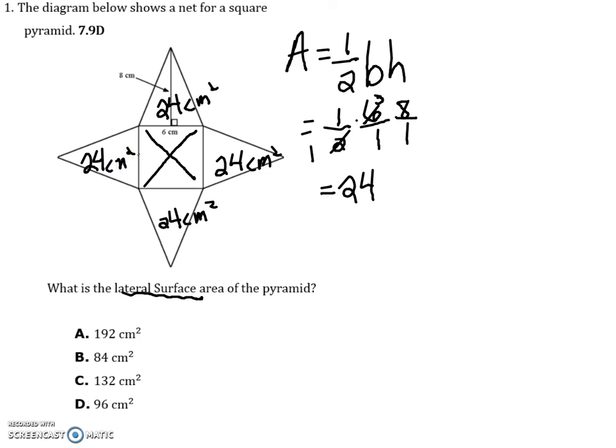To find the lateral surface area, you need to do 24 times 4. So 4 times 4 is 16, 4 times 2 is 8, plus 1 is 9, so 96 centimeters squared. D. Okay, let's go to question number 2.